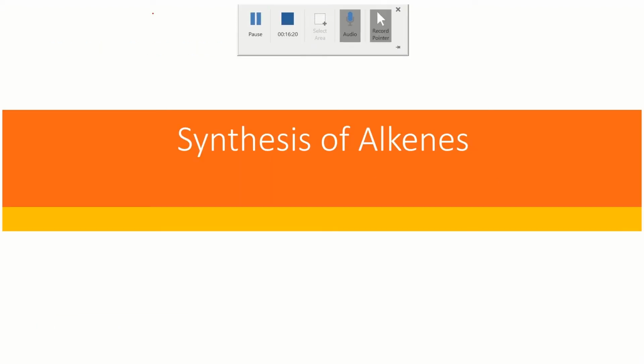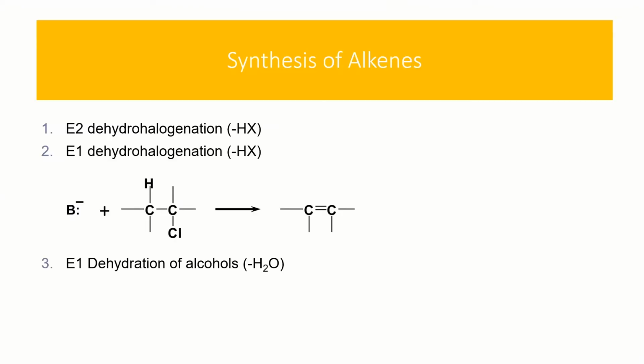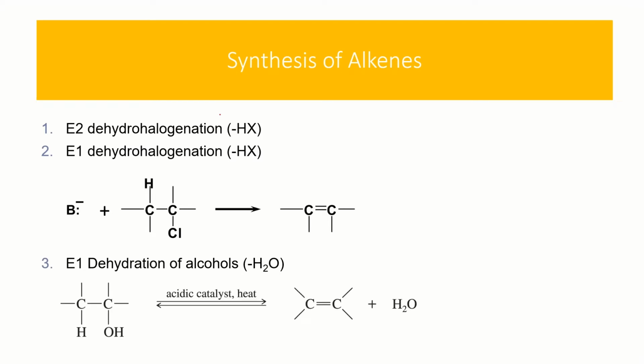Now we move on to the synthesis of alkenes. Alkenes are synthesized via principally two methods: dehydrohalogenation of alkyl halides or dehydration of alcohols. The former can take place by a bimolecular event or a unimolecular event. The latter is only via a unimolecular event.